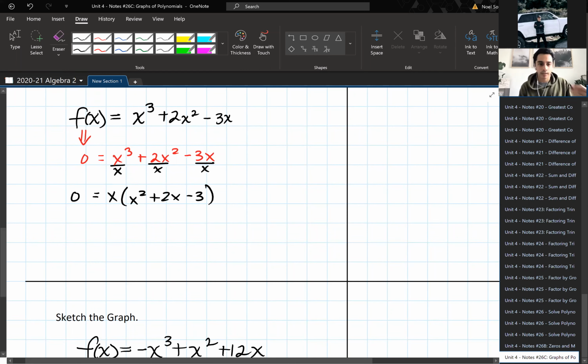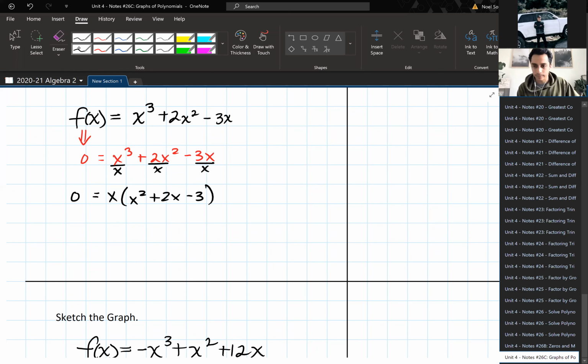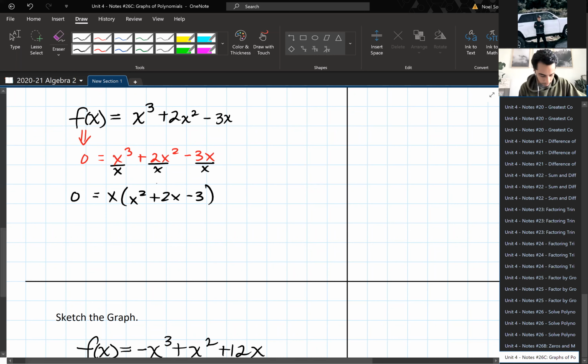Okay. And then what would I need to do now? Before I do that, I have a trinomial here. I know that I have to find 3 different solutions. So before I even set the x equal to 0, I have a trinomial. What should I do with the trinomial?